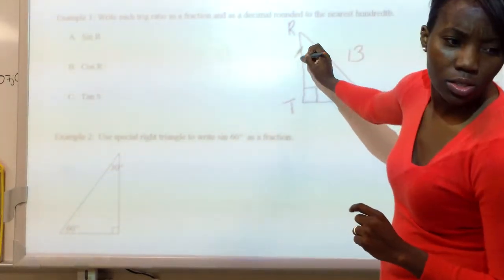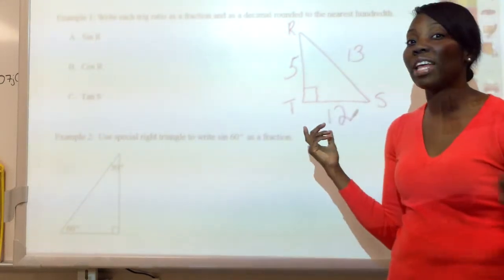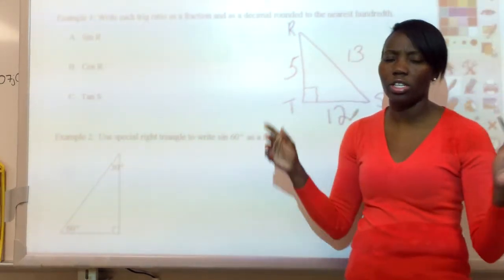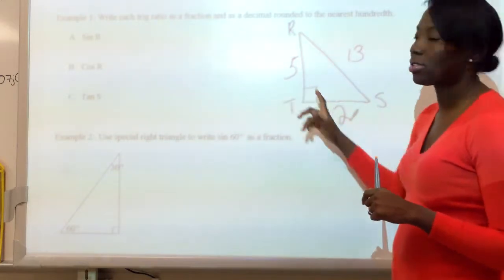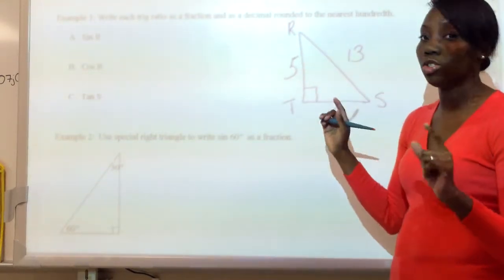This is 5, and this is 12. If you use the Pythagorean theorem, you'll see that it's a 5, 12, 13 triangle, and that 5 squared plus 12 squared equals 13 squared. So this is how you use trig.